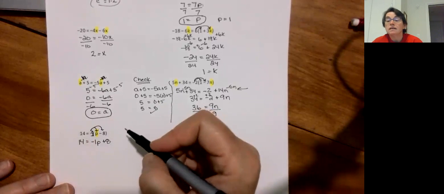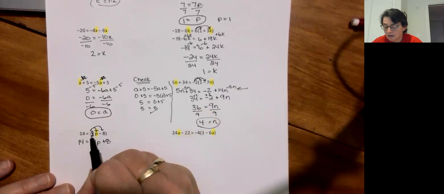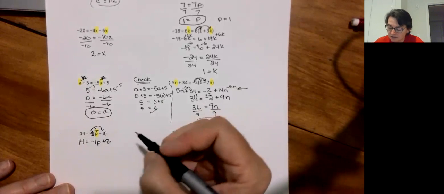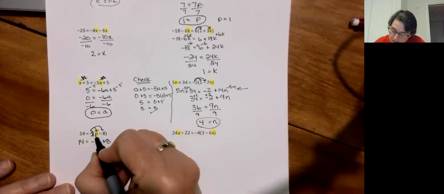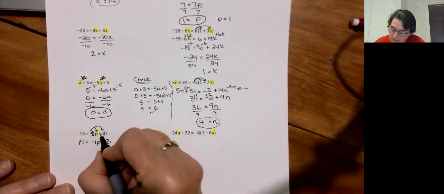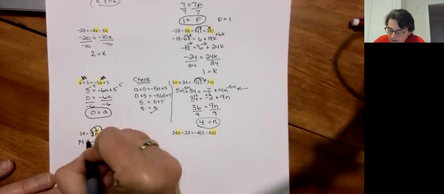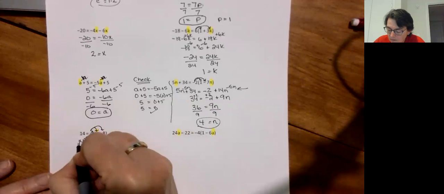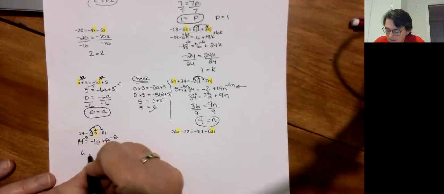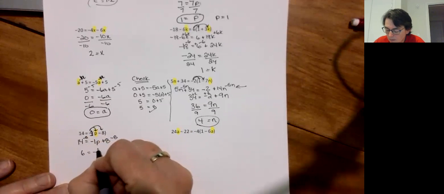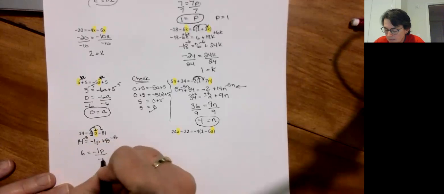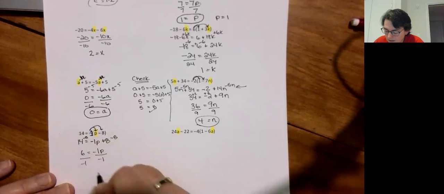And because I don't like negatives, I'm just going to double check. A negative out in front means whatever I have in the brackets, the signs are going to change on me. And they did, because this was a positive, now it's negative. This was a negative, now it's a positive. So we're going to subtract 8, subtract 8. 14 minus 8 is 6, is equal to minus 1p, divided by -1, divided by -1. p is equal to -6.